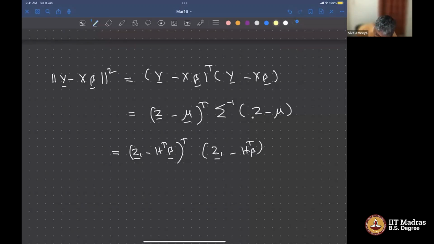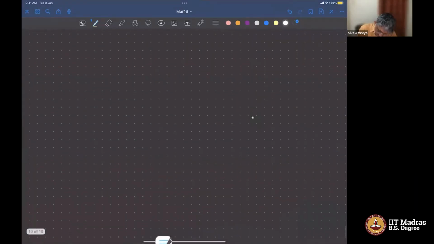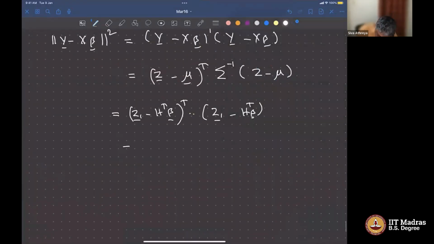I'll leave the matrix as this, plus the second part, which is Z1 tilde minus mu1 tilde. I call it mu1 tilde now, transpose, and there's identity in the middle.